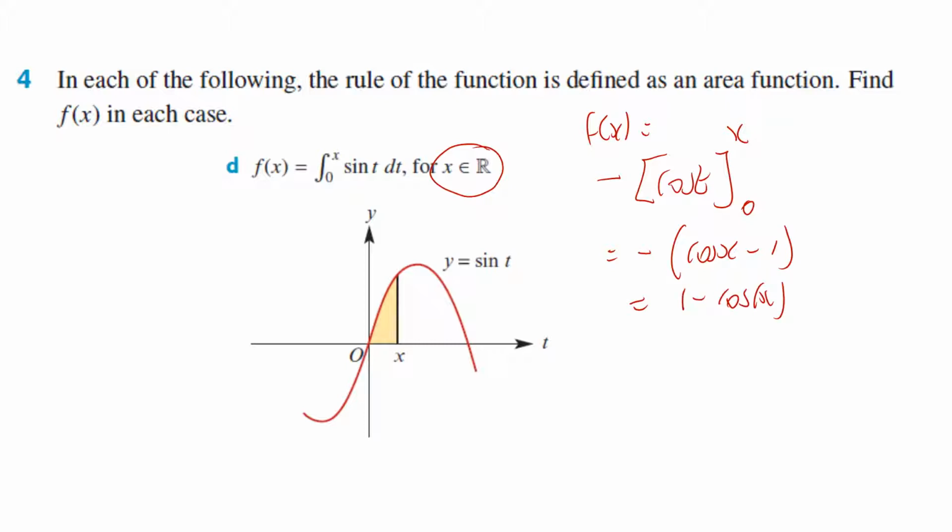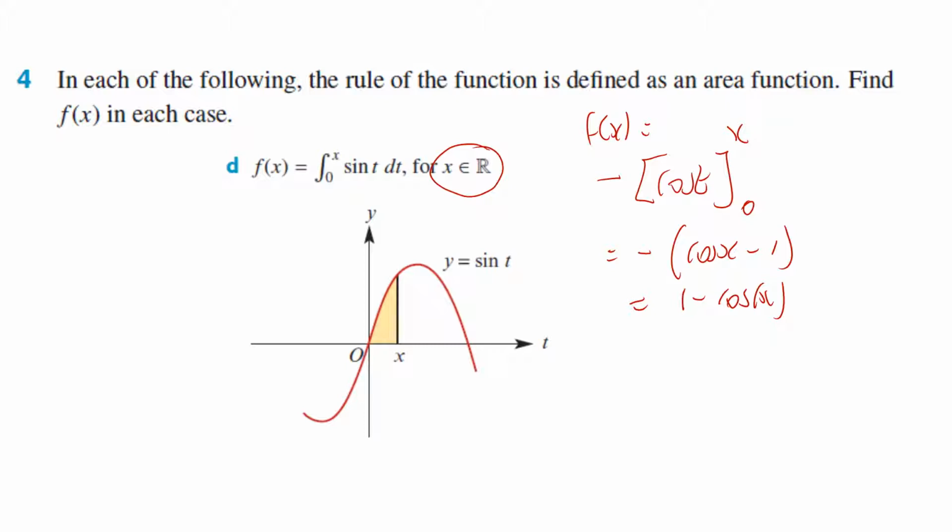Now cos x is a function that can take on any value from minus 1 to positive 1, so clearly this is a function whose range is anything from 0 to 2. Now you might ask yourself, hang on, that's a bit curious, but let's explore and see why this makes sense.